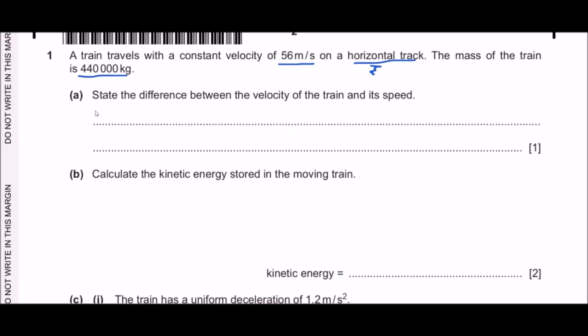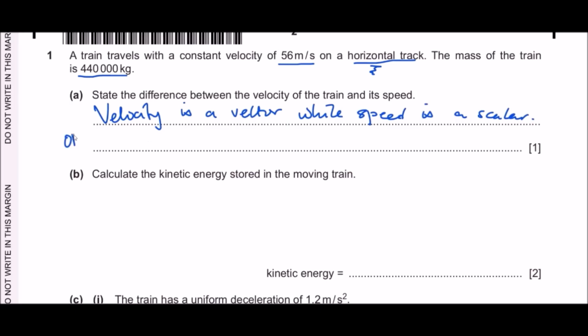So the answer should be given as velocity is a vector, while speed is a scalar. Alternatively, you can talk of direction and lack of direction, since a vector has direction while a scalar doesn't.